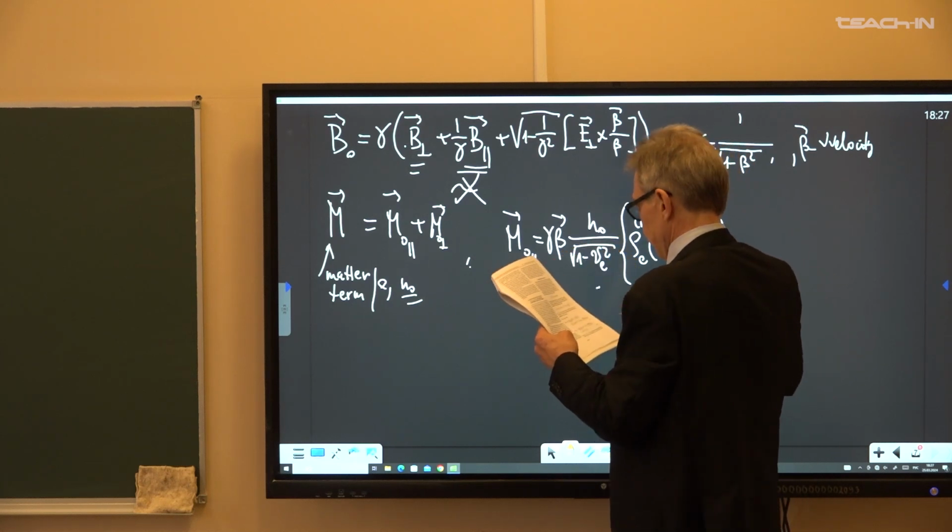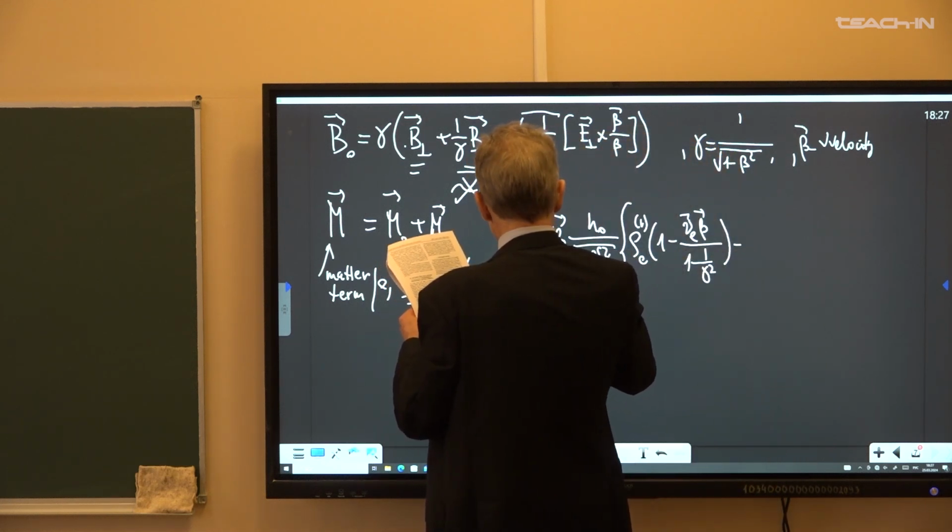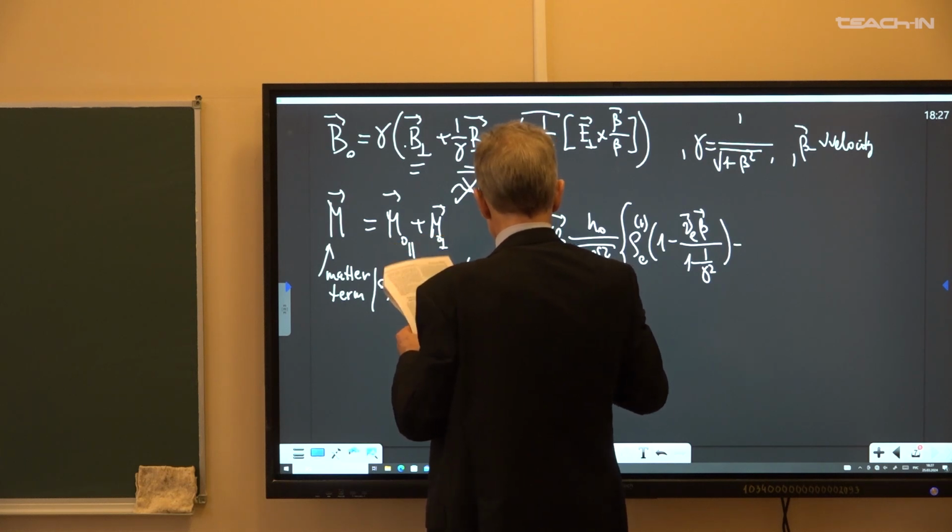Minus another constant, I will indicate it in a moment, 1 minus 1 divided by gamma squared.